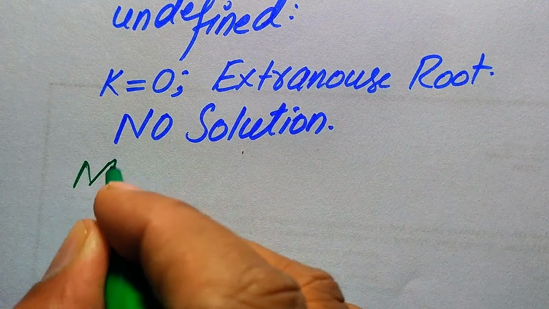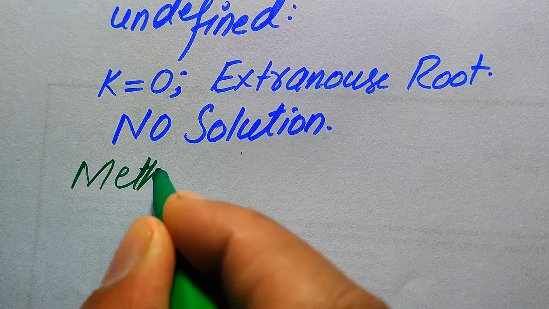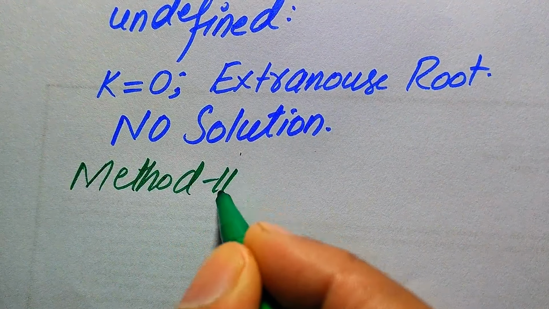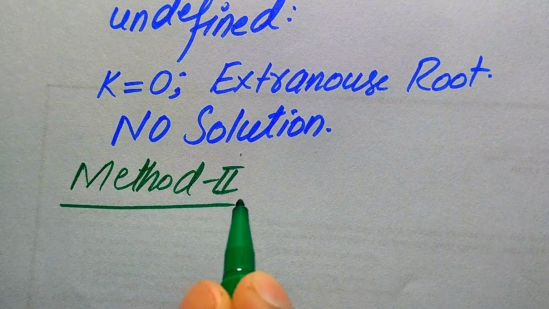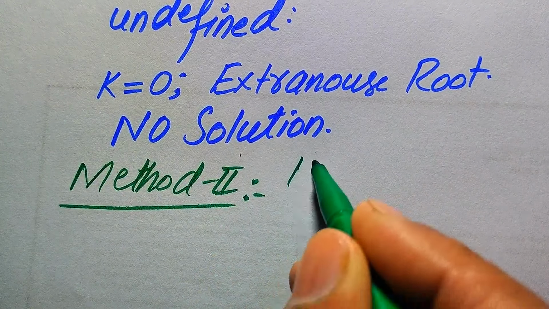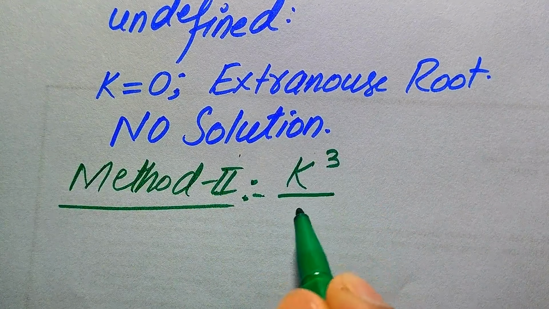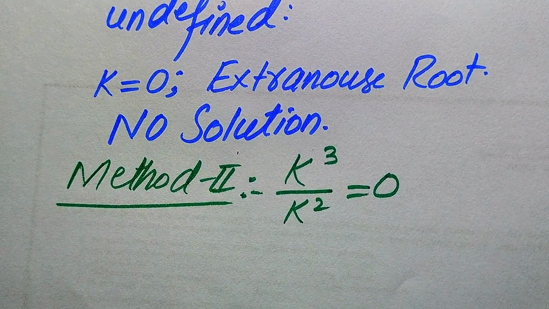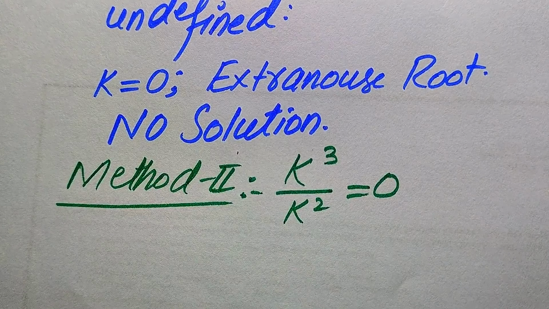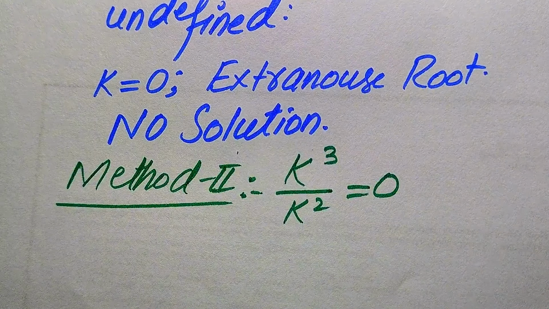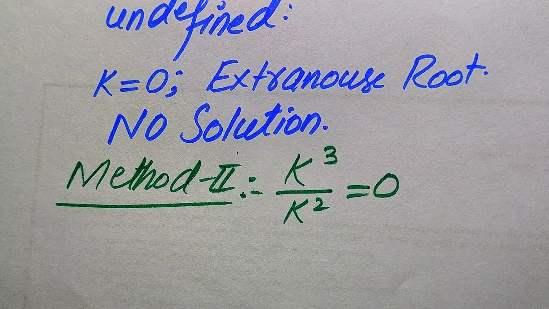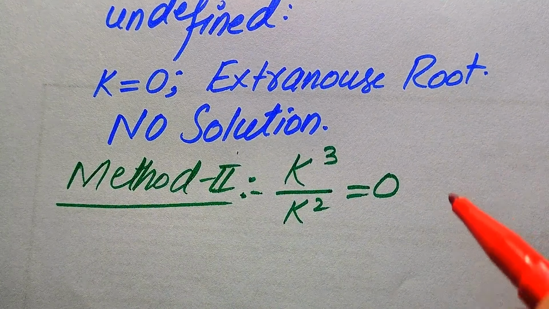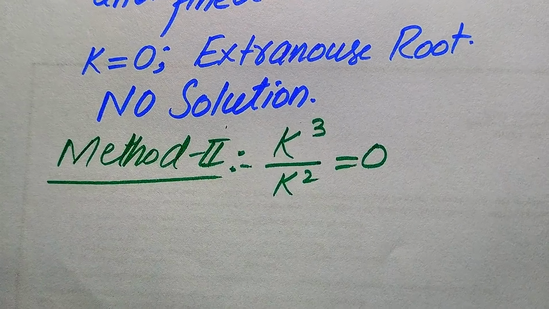In the second method, we copy down the given question statement: k cubed divided by k squared equals 0. Here we just use the exponential rules.